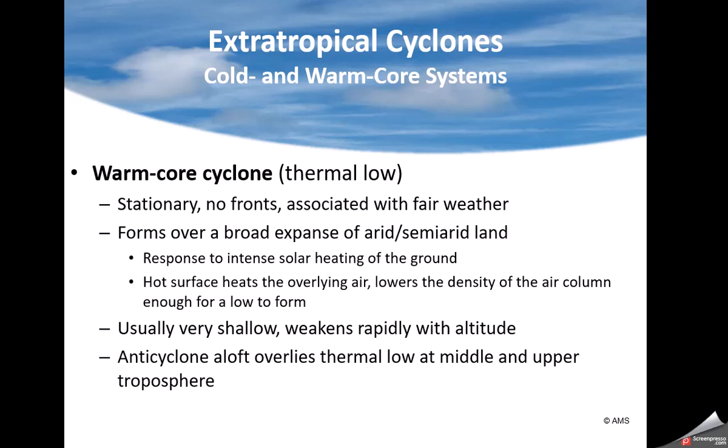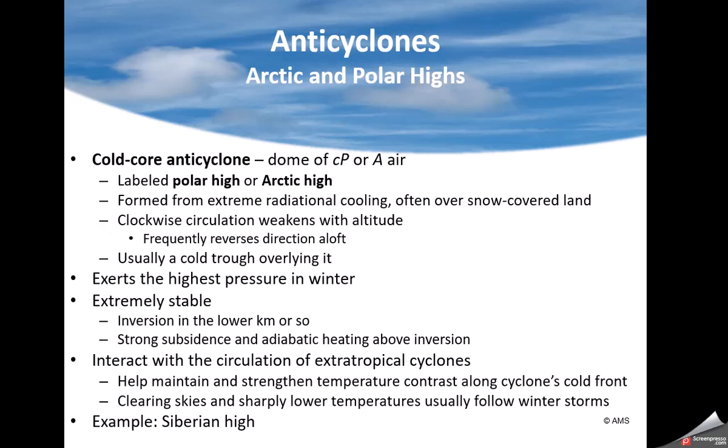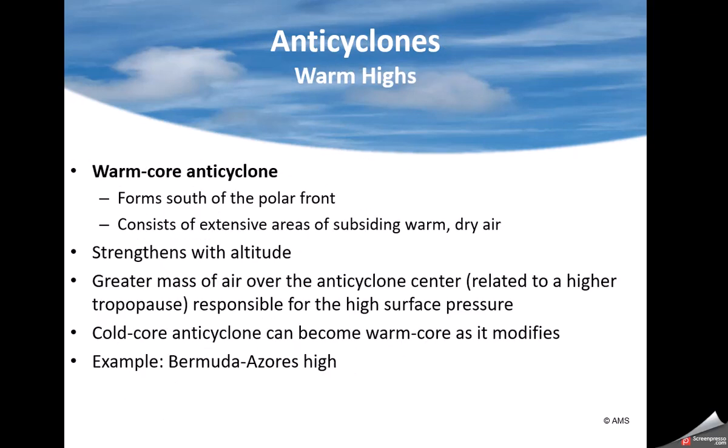It has no fronts associated with it, and it tends to form over very hot, humid or hot, dry areas. And because, remember, warm air is less dense than cold air, the pressure doesn't drop as fast in the vertical. It actually forms anticyclones aloft. So it weakens with height.